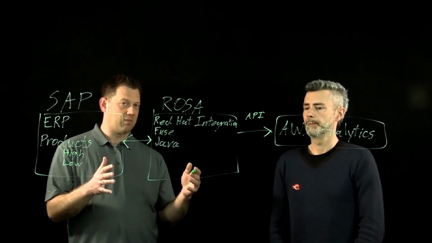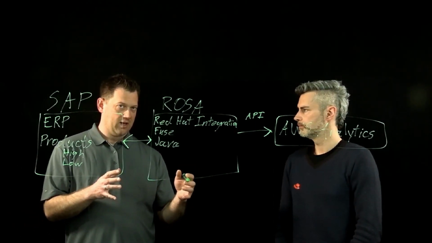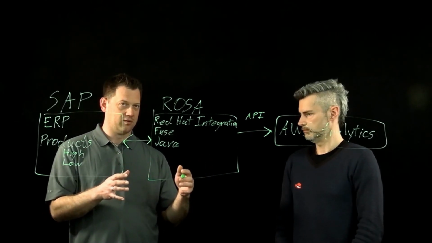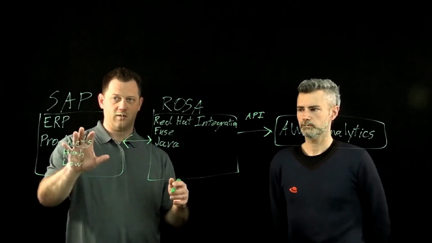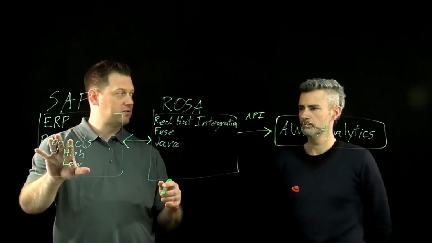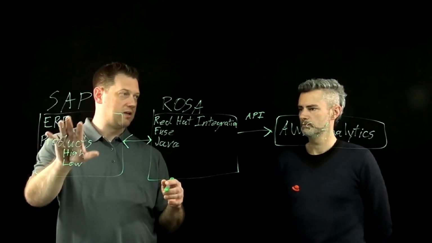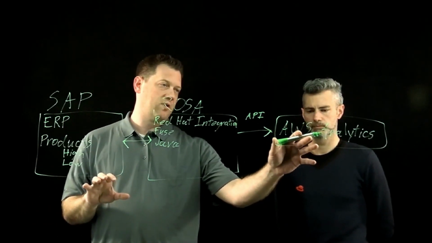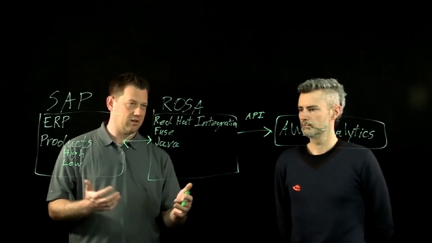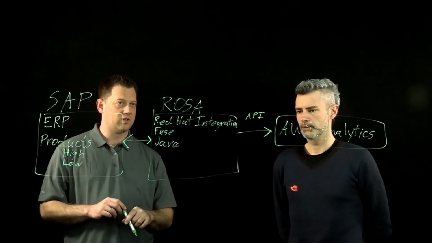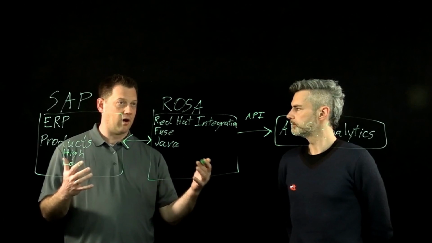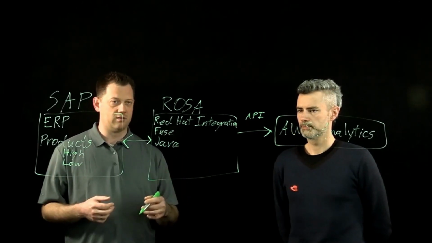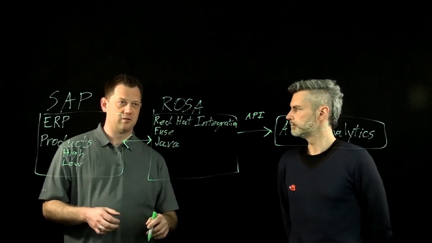So I can buy a middleware bundle, and my development team learns one set of tools, and they can use it with my business warehouse SAP system, my ERP system, and integrate that with different AWS services. In this case it's analytics, but in some of the other use cases we've seen, it's able to tie into other AWS services as well. So that, again, is another example of the flexibility in this system.